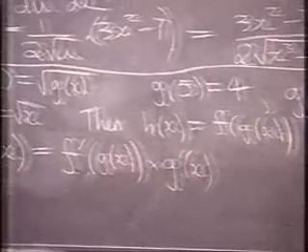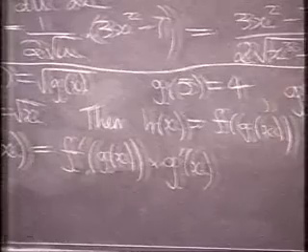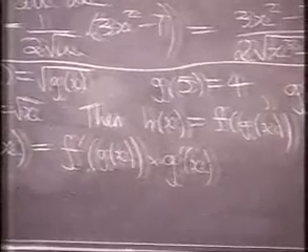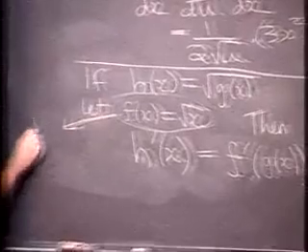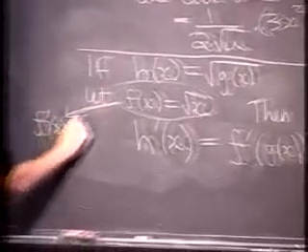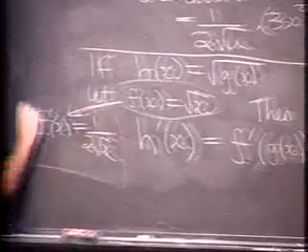Now, we don't know much about g, but we know exactly what f is. We know f of x is root x. So we can immediately write down the derivative f prime of x is 1 over 2 root x. That's in my working column.